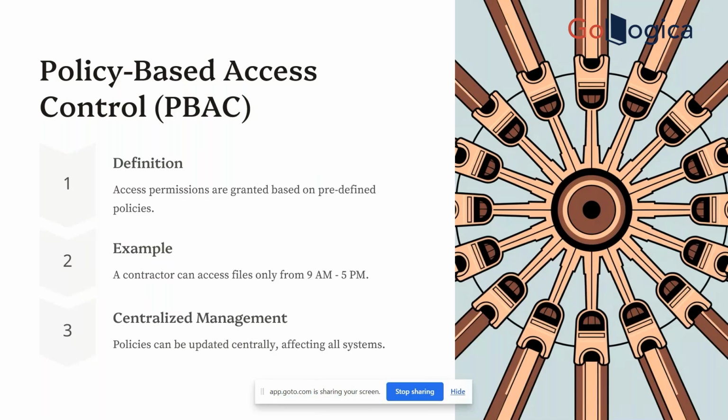So that is a policy already there, and it is assigned to the contractor. Similarly, for a full-time employee we have a predefined policy, which means they can access the file 24 by 7, or either 9 a.m. to 9 p.m. So we are defining that full-time people have this kind of accessibility on the policy side.